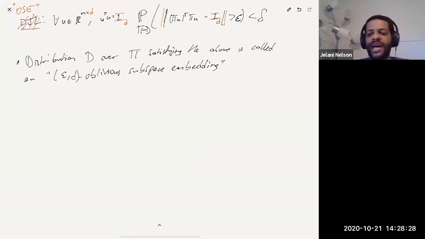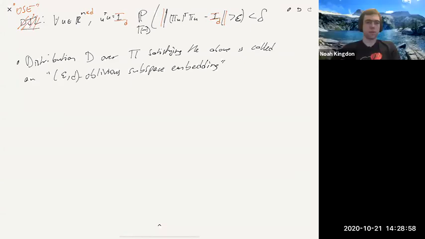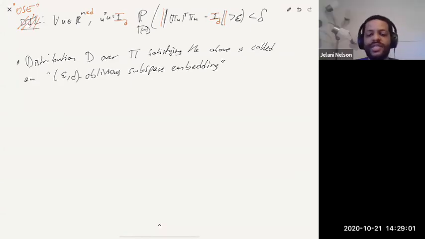So you can view the columns as an orthonormal basis for some subspace, namely the column space of U. So this is just saying that with high probability, a random pi, for any fixed subspace of dimension d, will preserve all vectors in that subspace with high probability. And it's oblivious because you pick pi without even knowing what the subspace is. Sort of like JL. You pick your JL embedding without even knowing what the vectors are that you're trying to preserve.